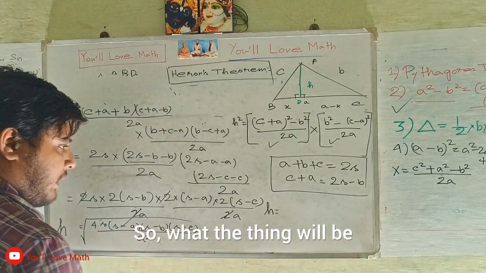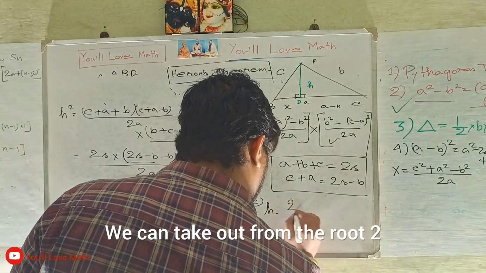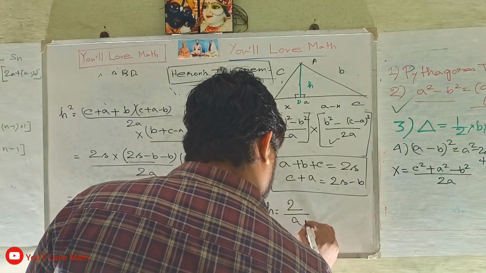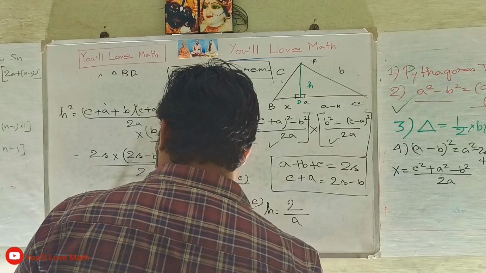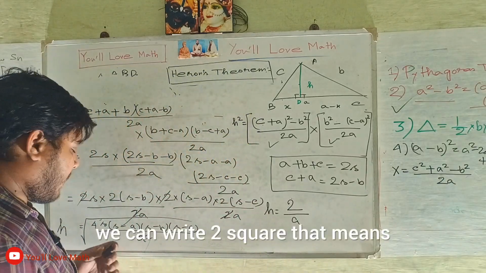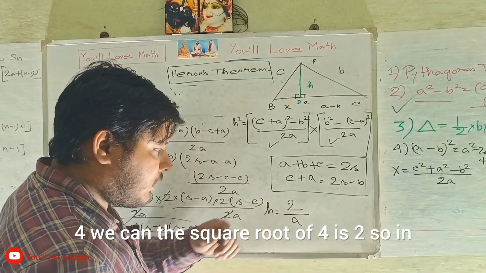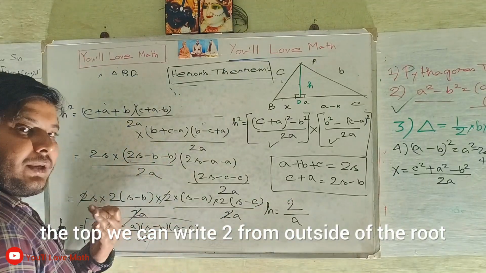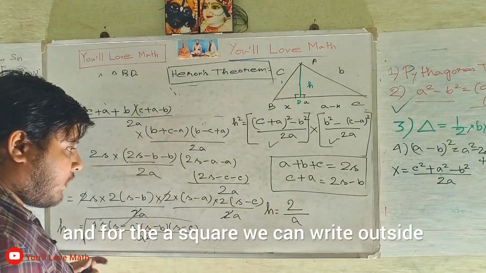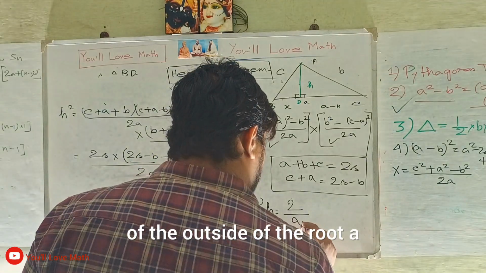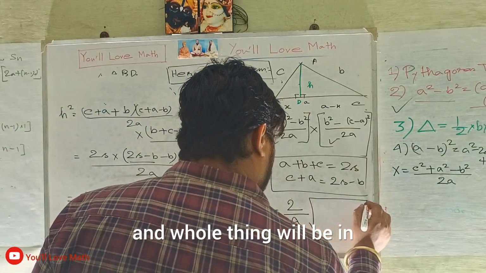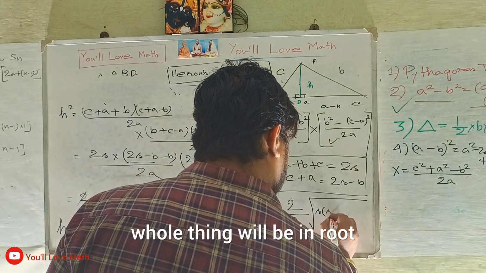So what will the thing be? We can take out from the root 2, instead of 4 we can write 2 square. That means the square root of 4 is 2. So at the top we can write 2 outside of the root, and for the a square we can write a outside of the root, and the whole thing will be in root.